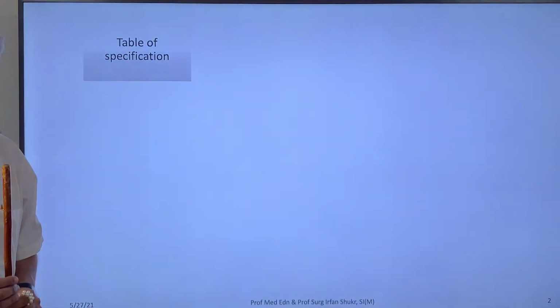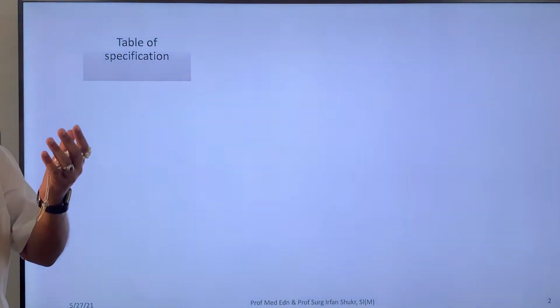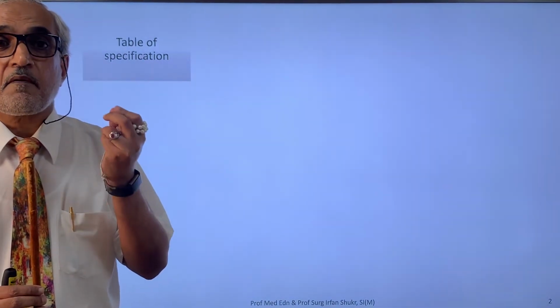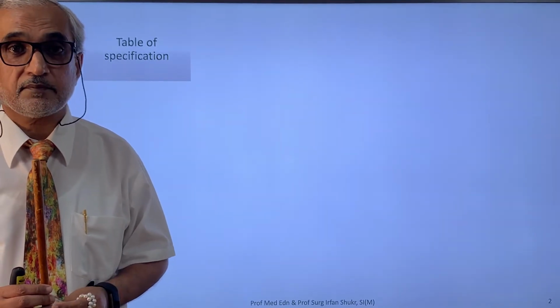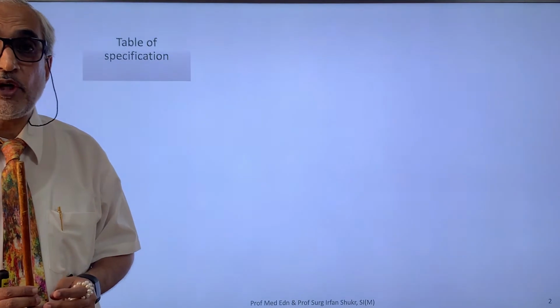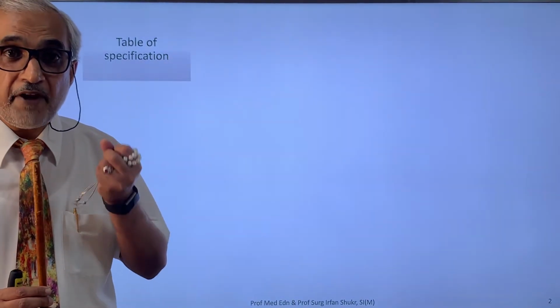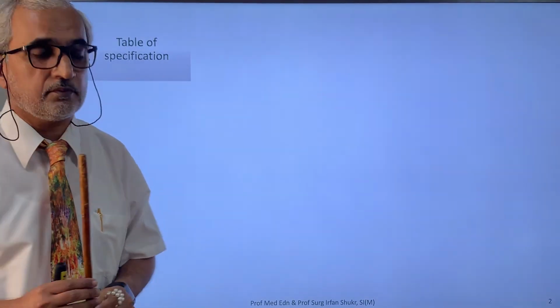Table of specification is going to increase the content validity. Not only this, it is going to increase the consequence validity, because when they see the paper, they will know what is important, what is a must to know, and the subsequent class is going to read about it. Not only this, it is also going to decide the number of items according to the weightage of the topic, how common it is, how important it is for the students to know.